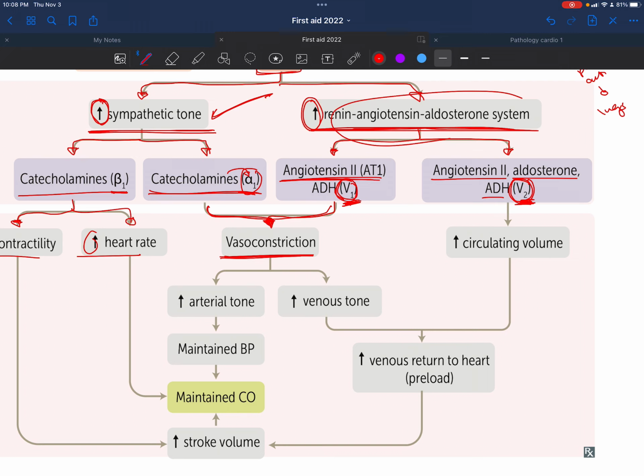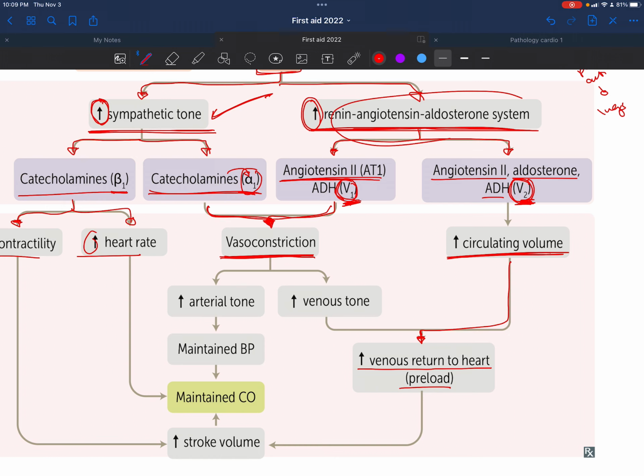So this is the first part, which ends up doing constriction, and the other one is increasing the circulating volume. The increase in circulating volume will end up as an increase in venous return to the heart, of course, because now more fluid, blood with all of its contents, is floating all over the body.